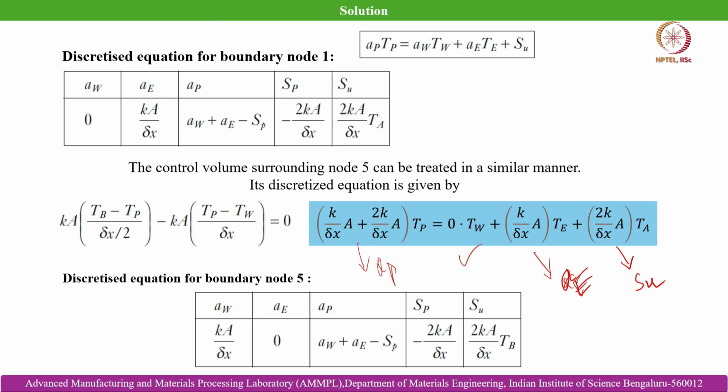So here we will get the value of AE as 0, and there is a mistake in this expression. The value of AE will be 0 and AW is Ka by delta x. So AP becomes AW plus AE minus SP, and then SU and SP become 2 Ka by delta x Tb and minus 2 Ka by delta x.